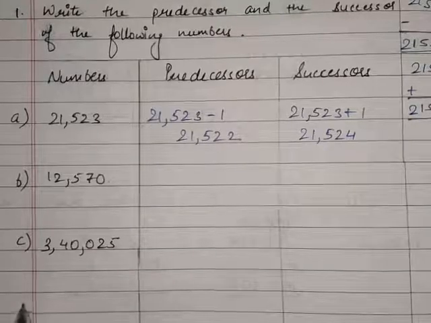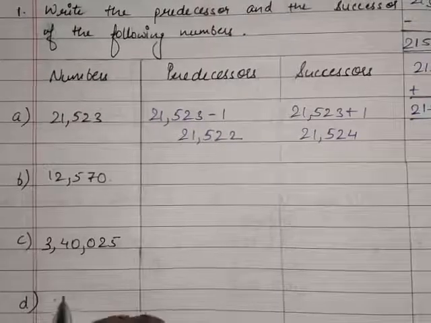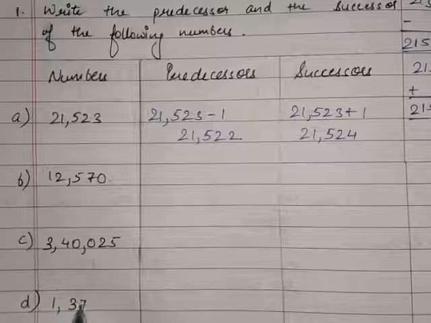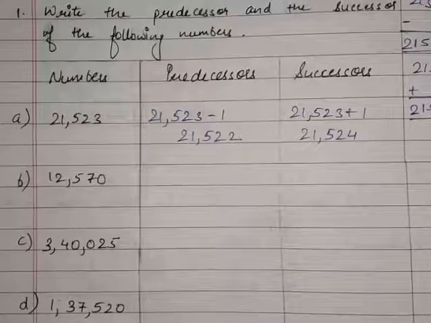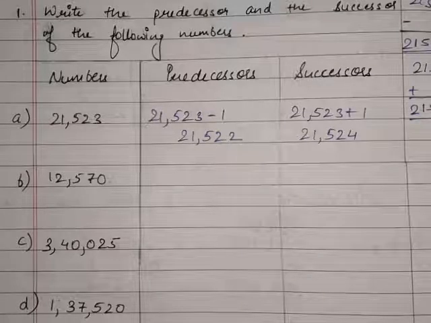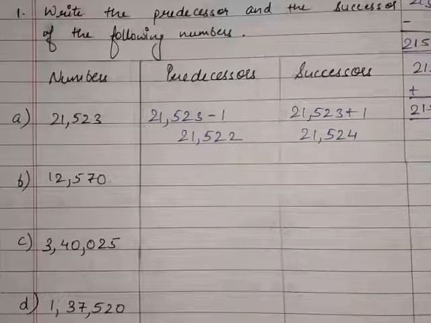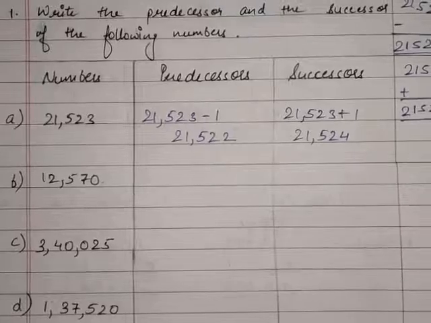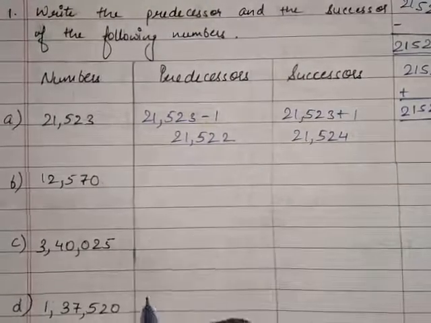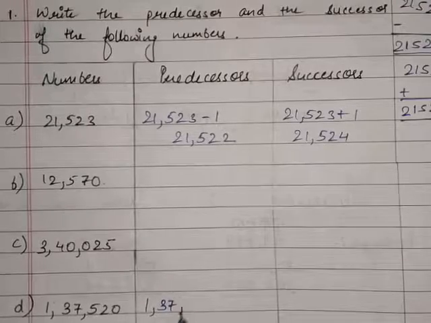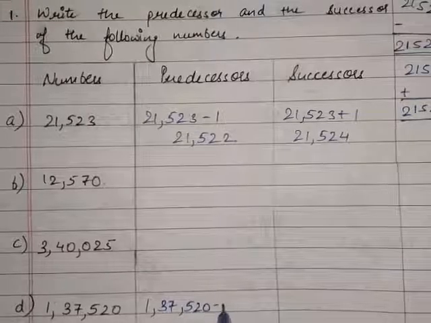So what is the D question given? D question is given 1,37,520. How will we get it? See, what is the predecessor of this number? How do we get it? By subtracting 1 from the given number. See, what will we note down? 1,37,520 minus 1.